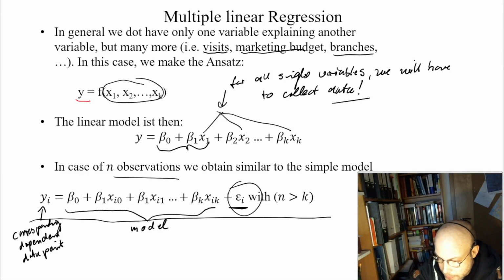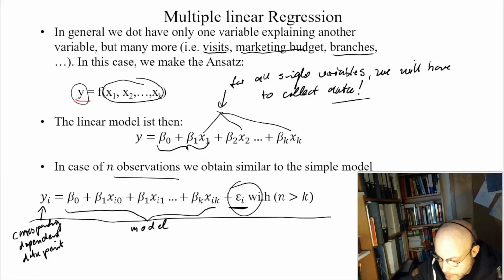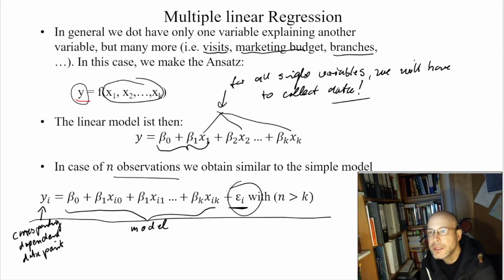Let's say in our example, the variable which we want to explain, the sales volume, does not only depend, of course, on one variable, but it will depend on many variables.